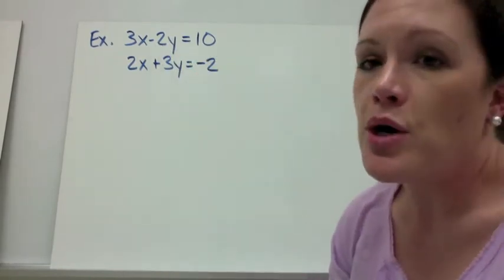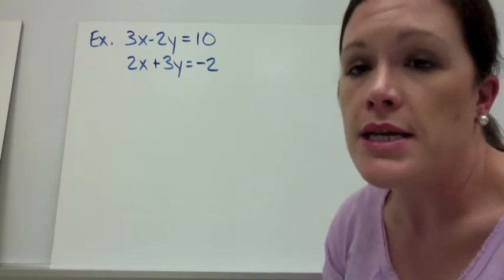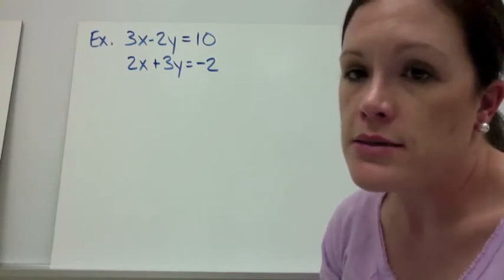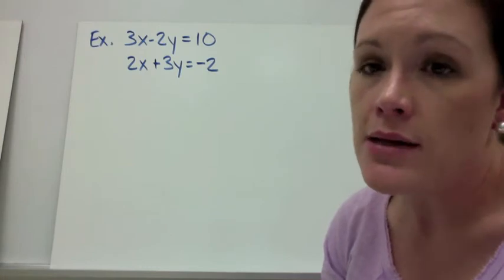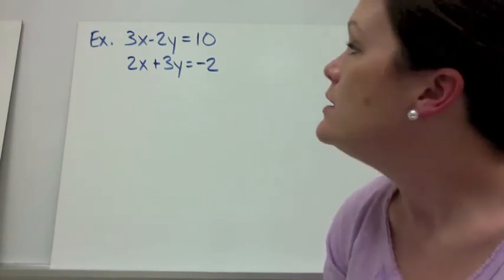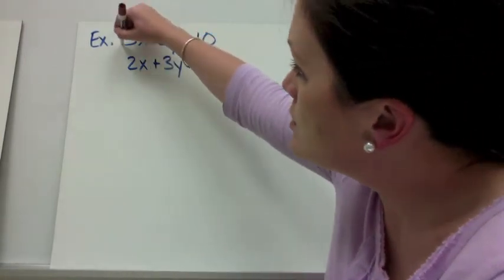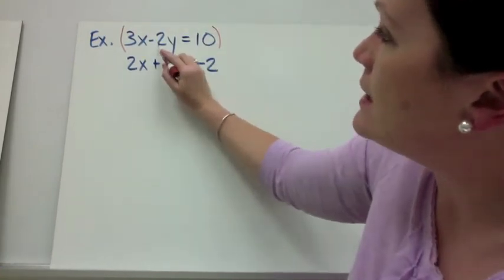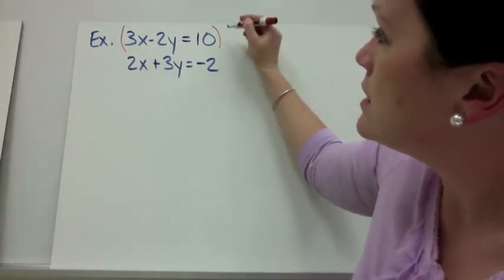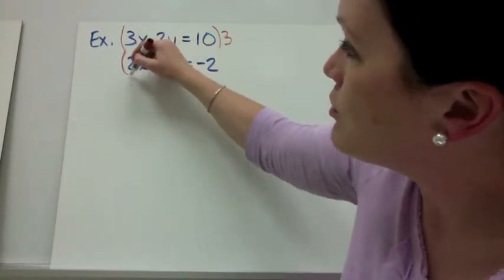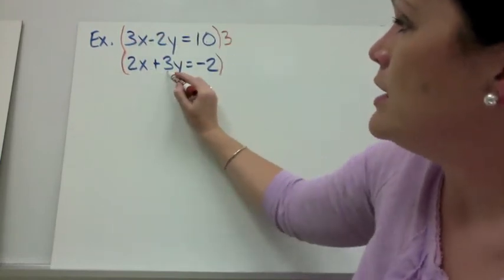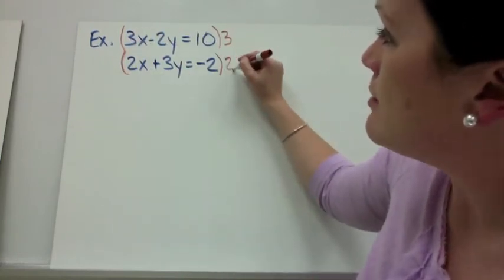I'm going to turn them both into 6. One's going to be negative 6, one's going to be positive 6, and that will help them eliminate, and then I can solve the rest of my system. To make negative 2 become negative 6, let's multiply the top equation by 3. And to make 3 become positive 6, I need to multiply by 2.